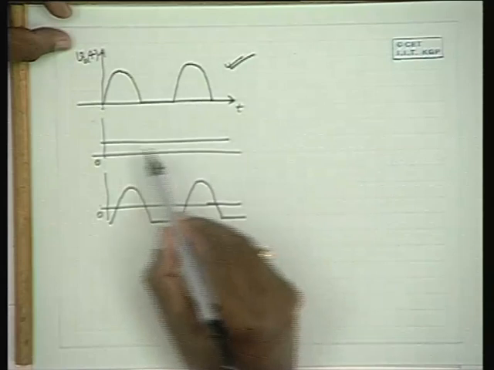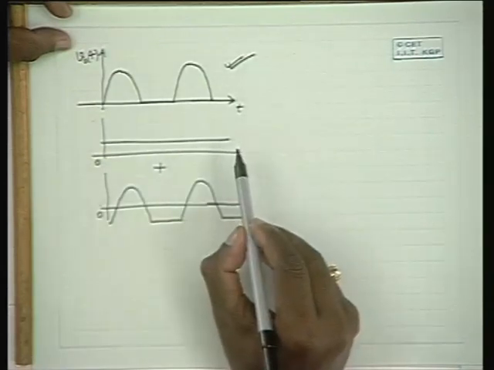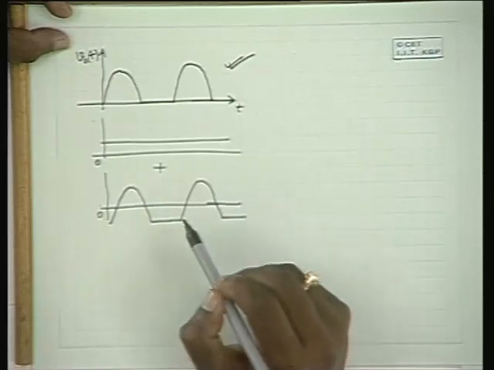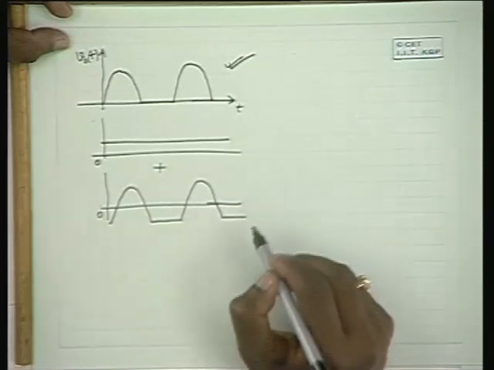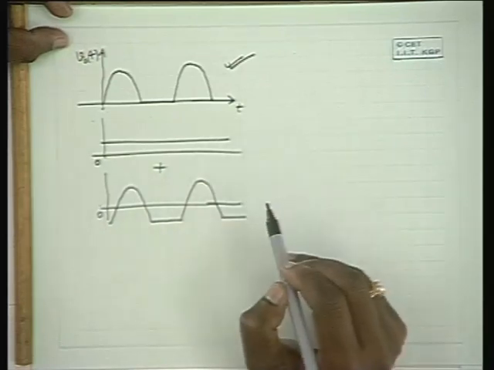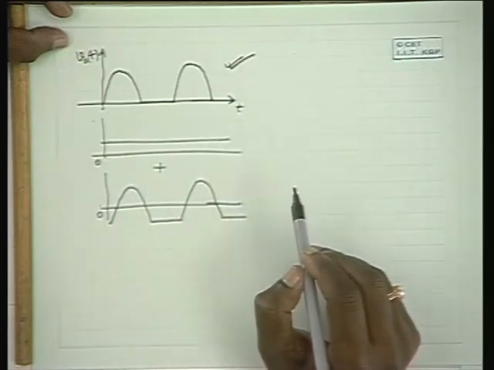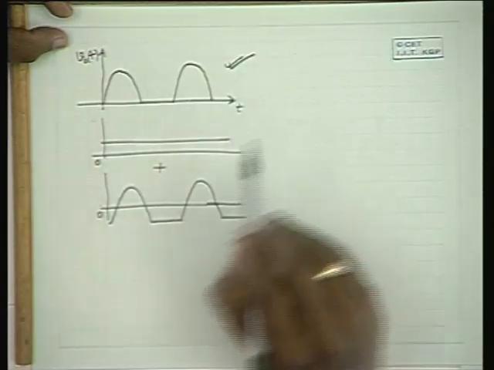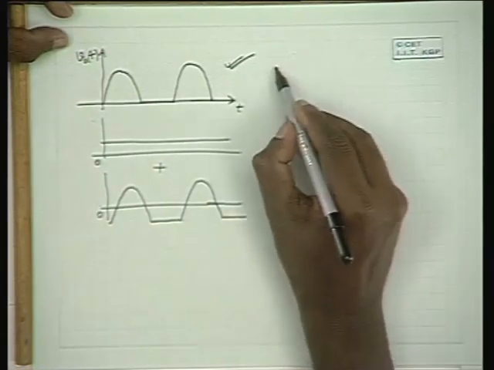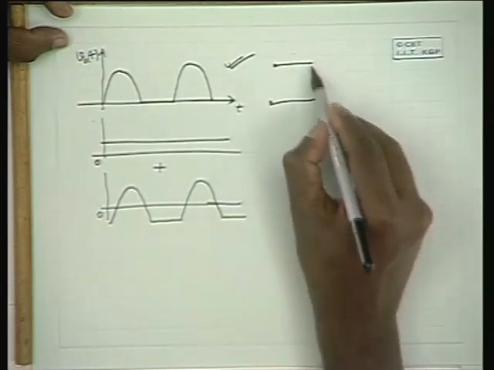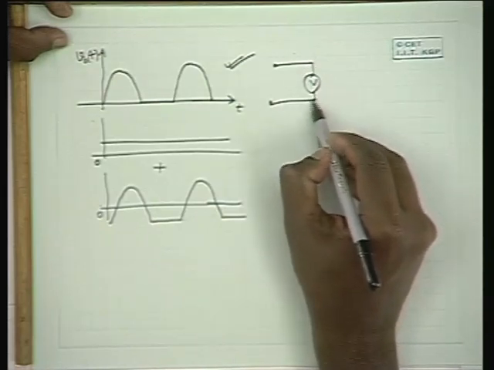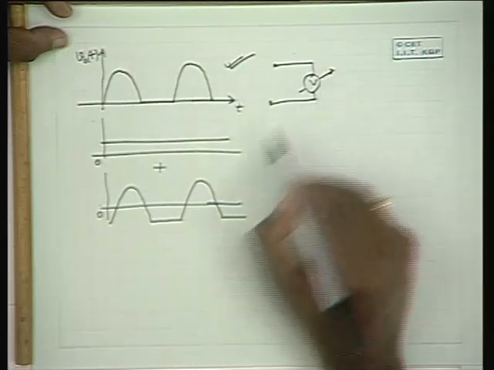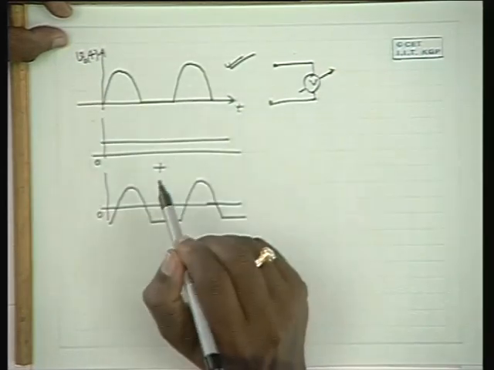So, definitely this has some direct voltage, DC voltage, with some alternating component. Now, our objective is to reduce this component as far as possible and to retain this. What is this DC voltage I am talking about? It is naturally the average of this waveform, and if you apply this voltage to a DC voltmeter, what this voltmeter reads is the DC voltage.